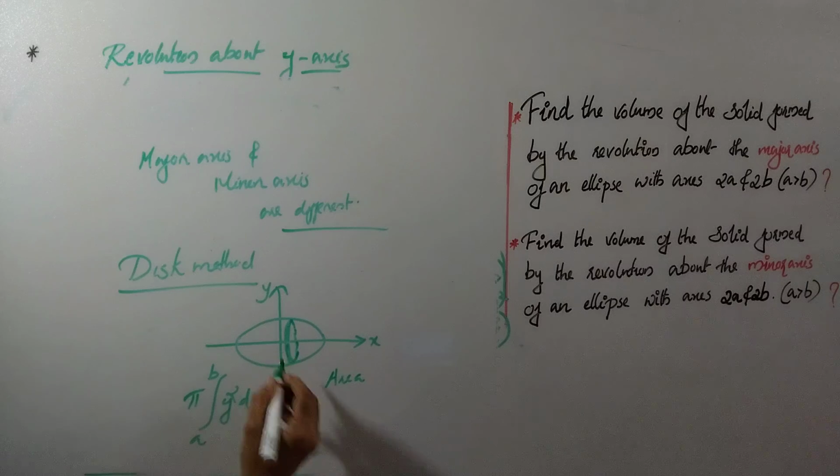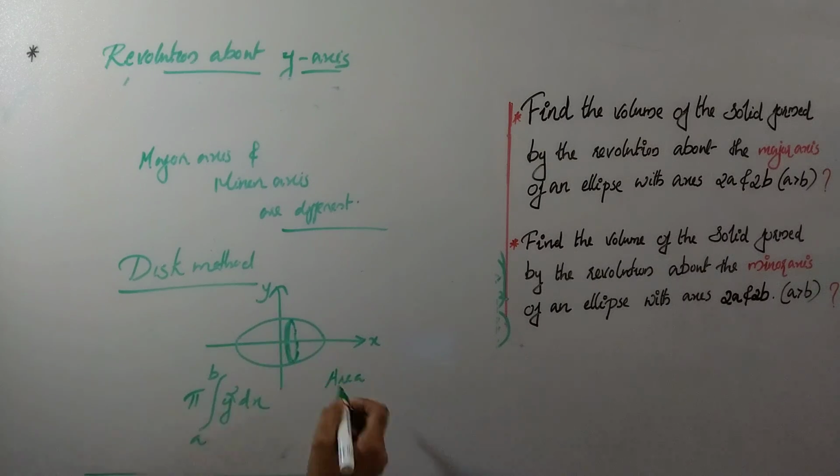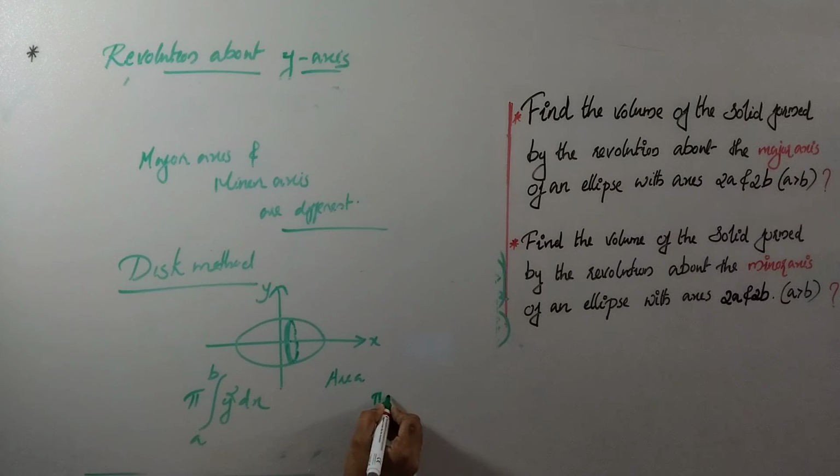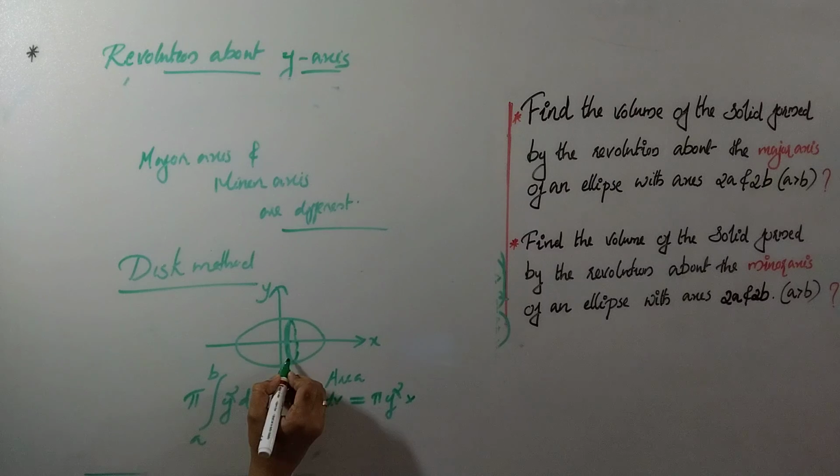Then the area of this small disc-shaped portion is what? Area of a disc is pi r square. Here the radius is y, so pi y square. Now to find the volume of this disc, dV is what? Area into the thickness of this disc. The thickness is dx.